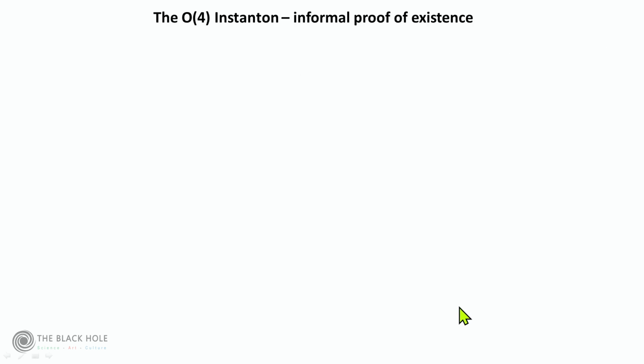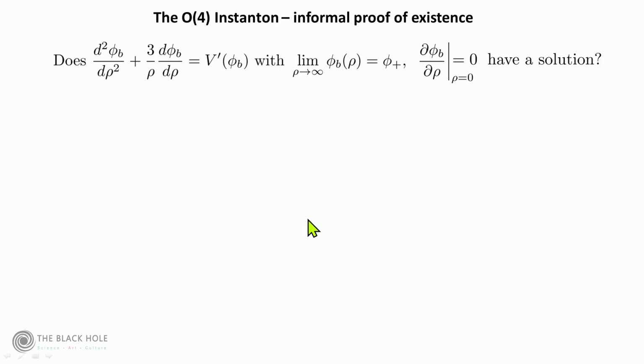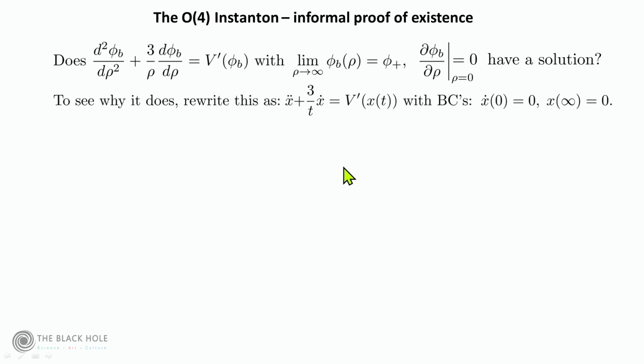Right, now we don't know whether there's a solution to the equation of motion. Just reminding you what the equation of motion is, it's this. Looking at this, it's not obvious that it has a solution. And now here's a way of, I won't say it's cheating, but it's a way of getting intuition.